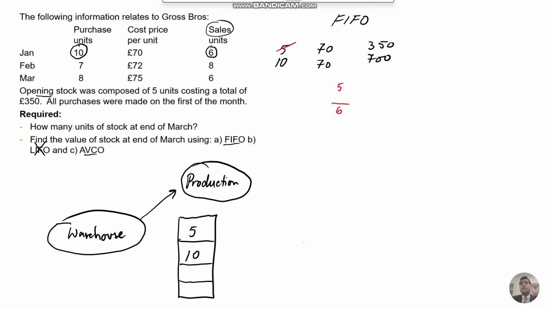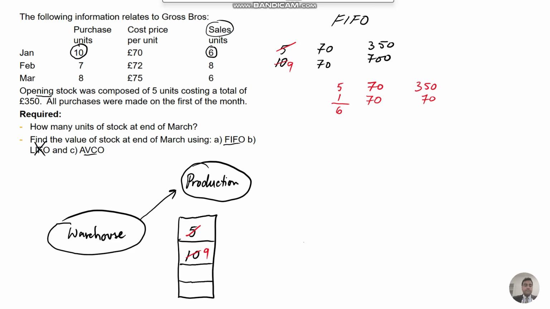And then he still needs 1 more unit, and he will have it from the bottom shelf. So out of 10, 9 units are left. When he took the stock from the top shelf, the price was £70, and that is 350. The bottom shelf is also valued at £70, and the total is 70. Now that means he has got only 9 left in the second shelf.